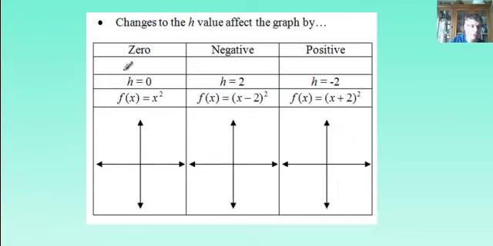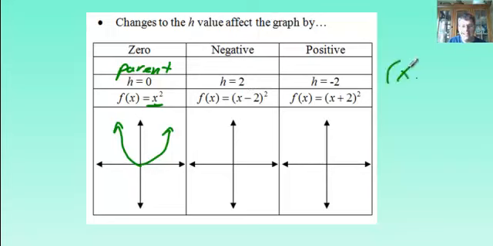Now let's look at the h. We'll do this in terms of a quadratic. So the parent of a quadratic, we know that's just going to be a U shape. Now remember, the h's and k's affect all the parents the same way. I'm just choosing one to show you how it works. Now this is interesting, because with all of these, it's going to be x minus h, as opposed to plus.